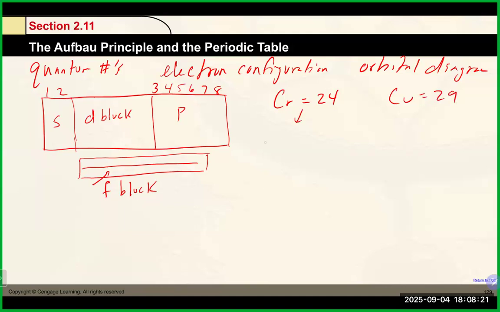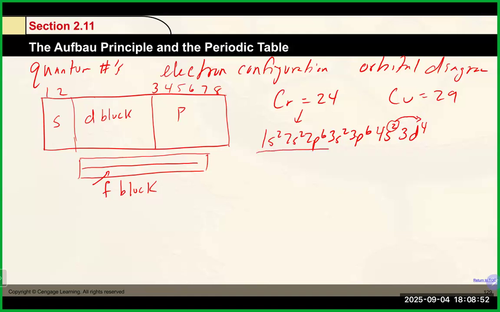So if we wrote the electron configuration 1s2, 2s2, 2p6, 3s2, 3p6, 4s2, 3d4, that is what you would get if you follow the zigzag order that we talked about. This is one of those exceptions, and the exception is that we have one extra electron in the d orbital and one less in the s orbital.